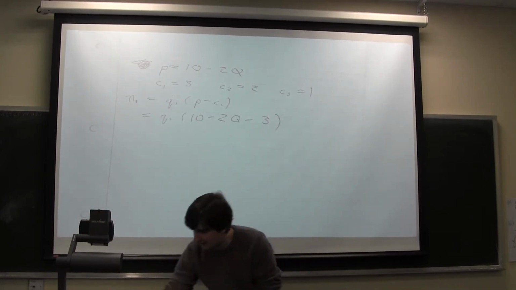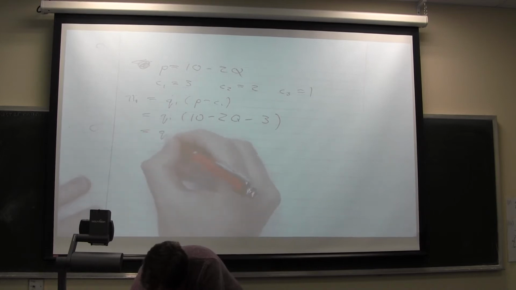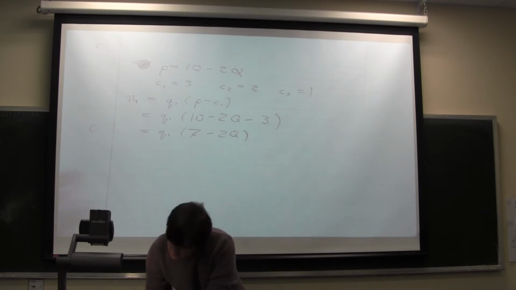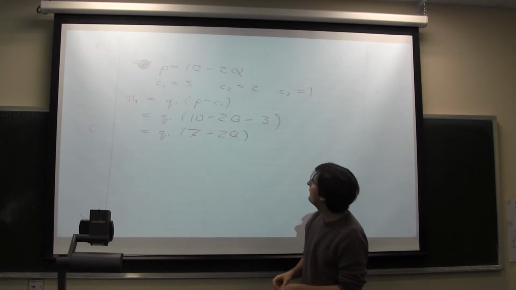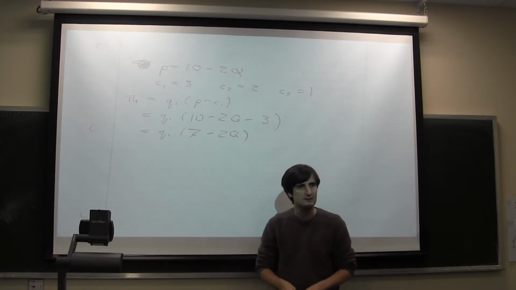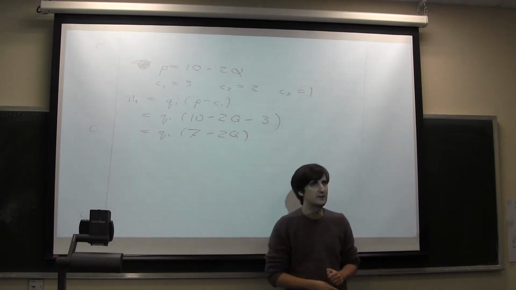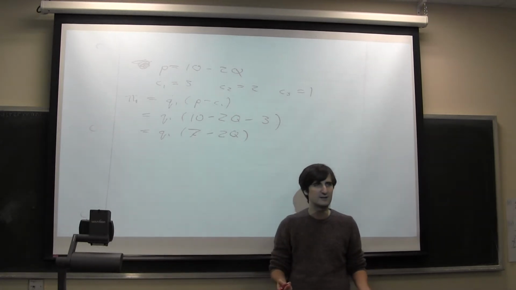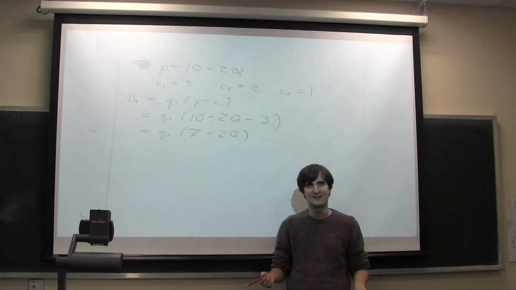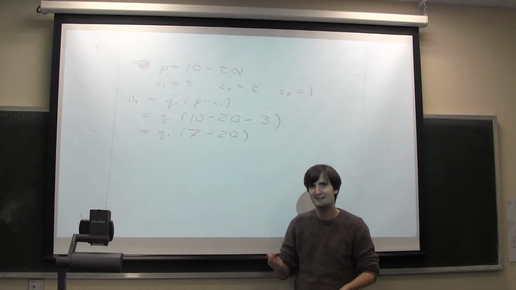So this is Q1 times (7 minus 2Q). Okay, so we've got an expression for profits. This is total quantity, remember, big Q. What are we going to do next? What do we want to do?